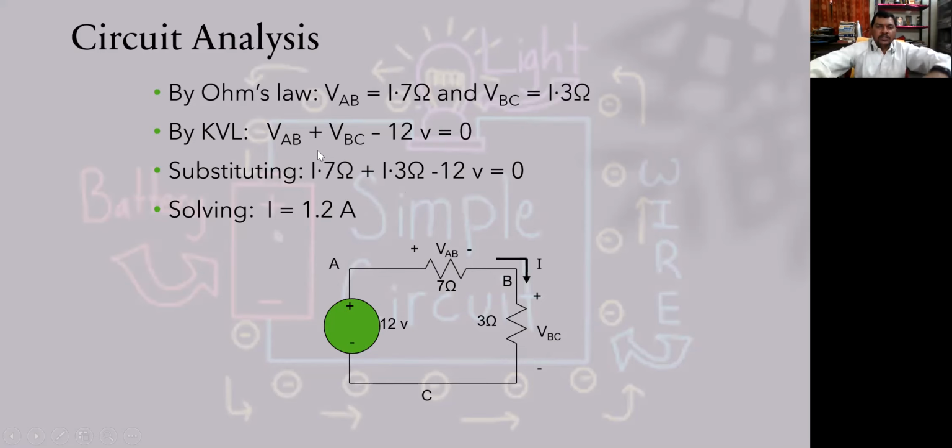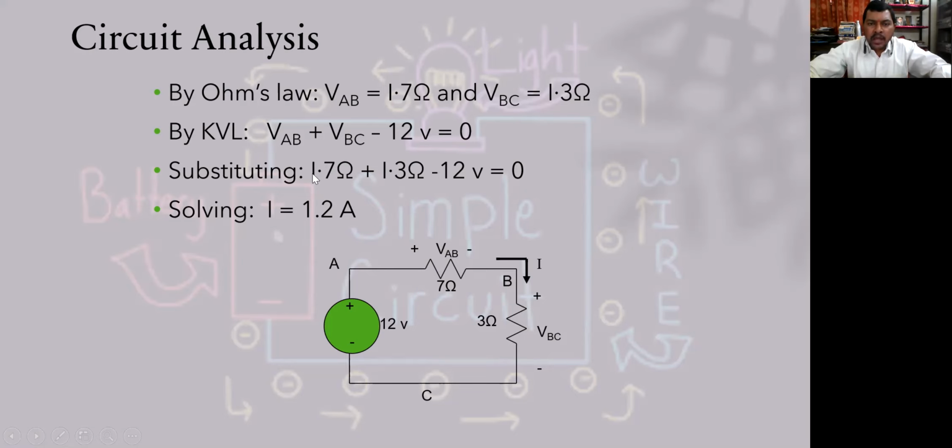Substituting the values, I is the current, so I into 7 ohms plus I into 3 ohms minus 12 volts will give you 0.